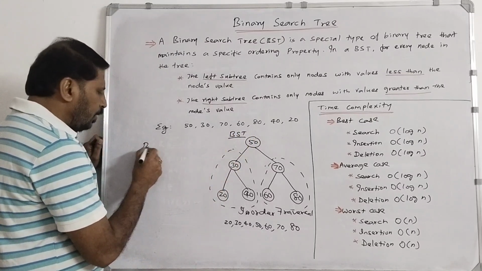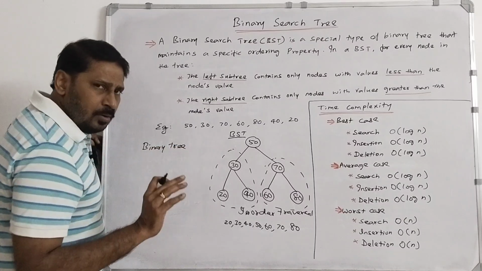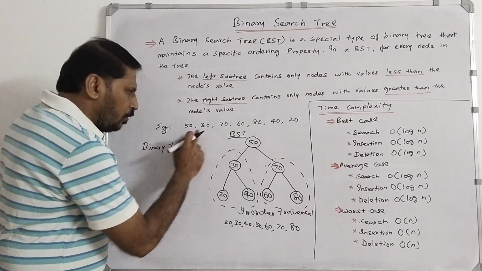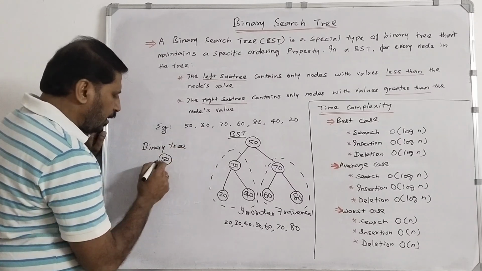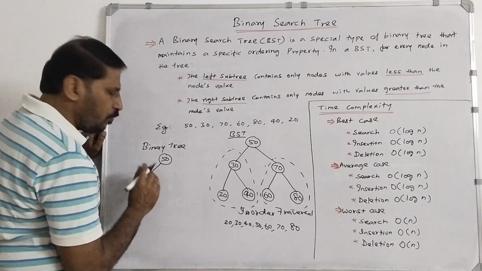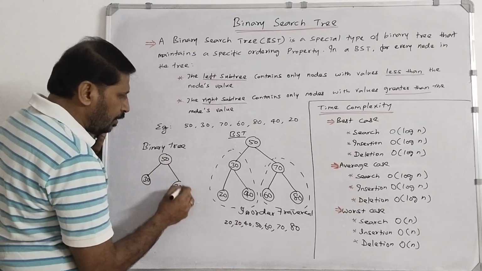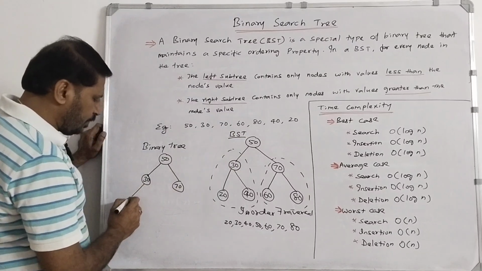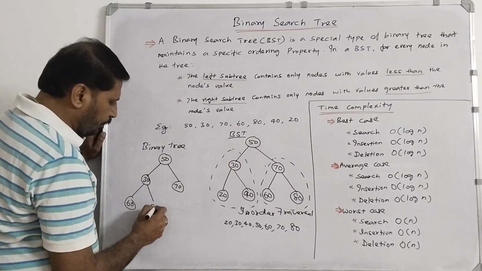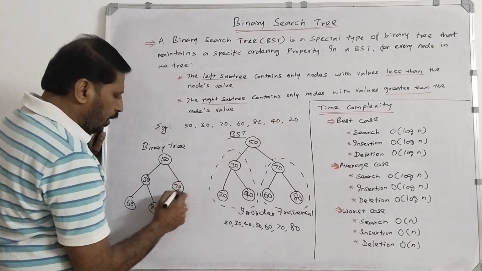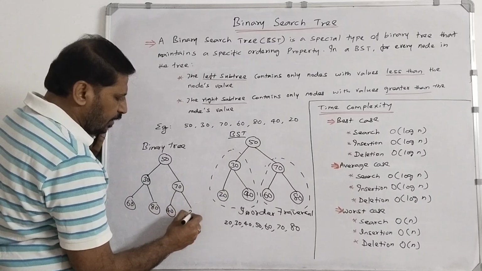What is a binary tree? In a binary tree, we follow only one property. We are taking the first number, 50, as a root, we are taking the second number, it is the left child, we won't bother about value. 70 is a right child, then 60 is a left child of 30, then 80 is a right child of 30, then 40 is a left child of 70, 20 is a right child of 70.